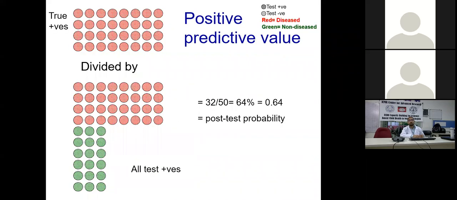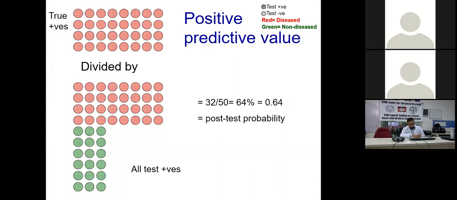Now let's switch gears and try to understand what is positive predictive value. In positive predictive value, the denominator is different. The denominator is all those who are test positive. So it is amongst those who are all CRP positive, what proportion are true positives?